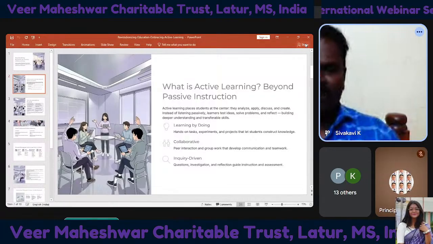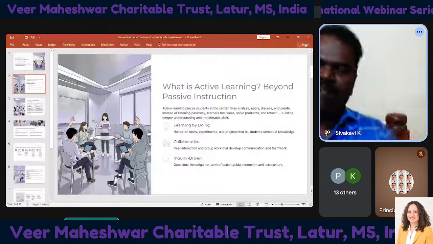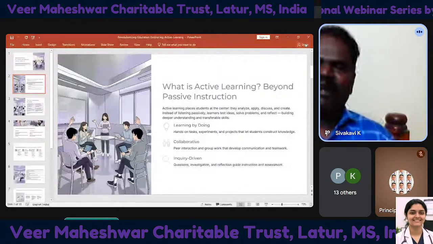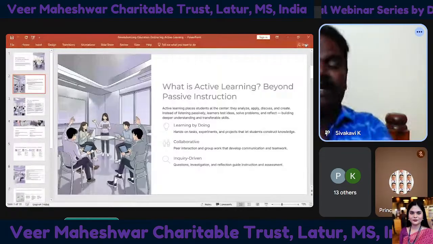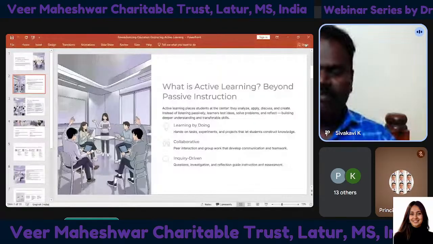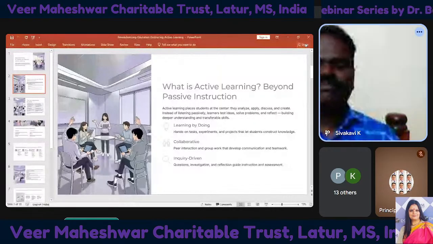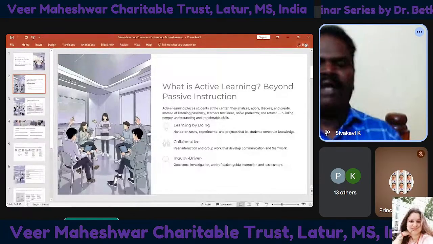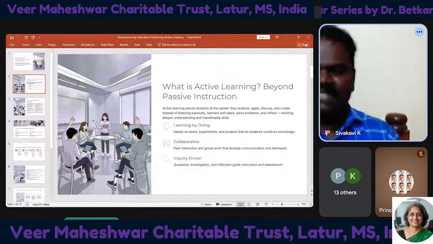Groups, topic into small pieces. Let them interact, let them touch, so that the classroom atmosphere will be active. This is what I would like to underline. Classroom should be active. When classroom is active, the students will be active and they will learn things in a fantastic way.